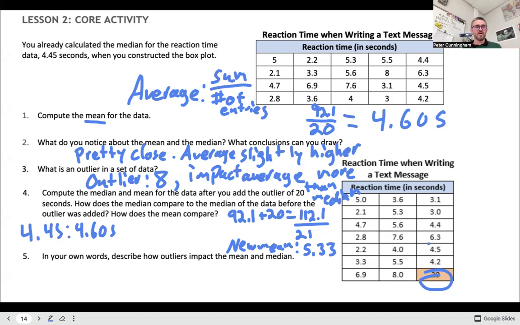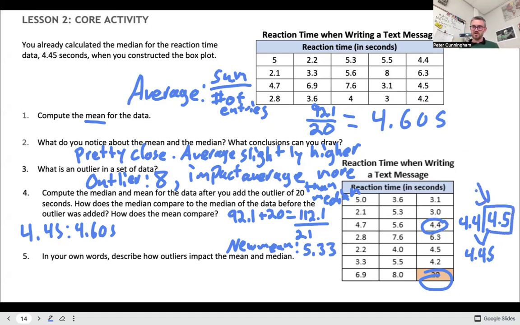Like 4.45 was in between when we put these numbers in order, right? We had 4.4 in the middle from our previous lesson. 4.4 was in the middle, and 4.5 was on the other side, right? So we took the middle of them and we said, okay, 4.45 is the median. Well, now that we have 21 pieces of data, we would just go one to the right and take 4.5.